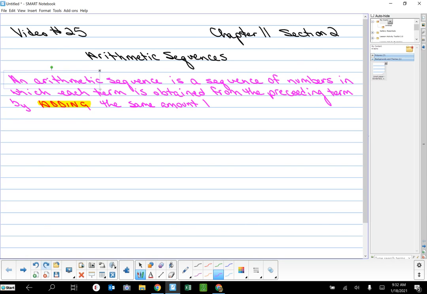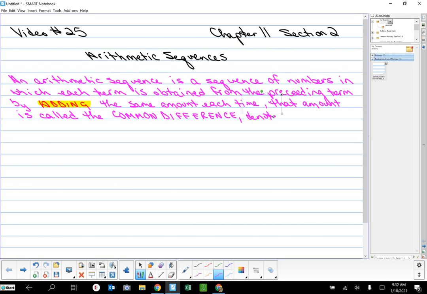Each time, and that amount is called the common difference, and is denoted by D.